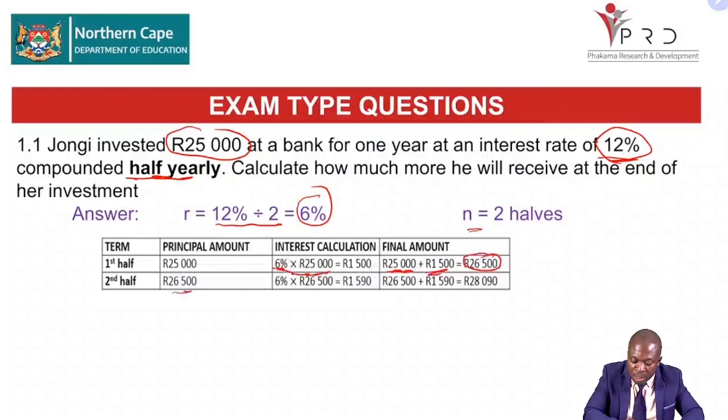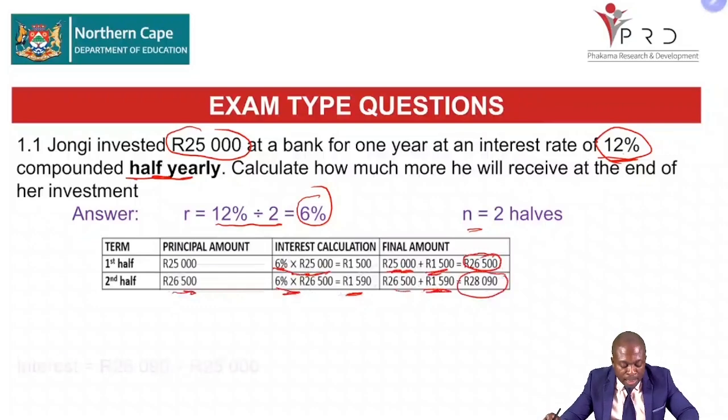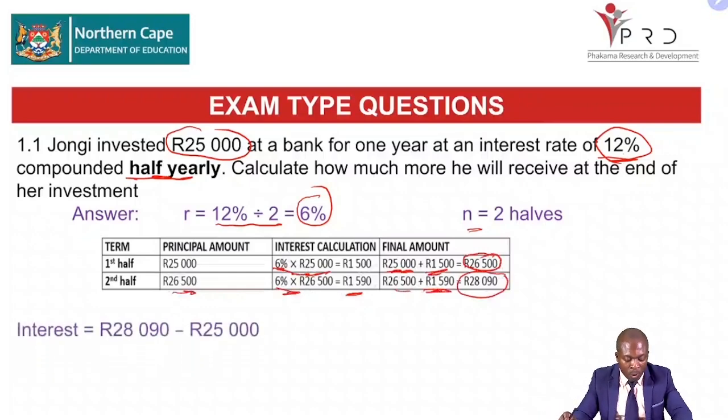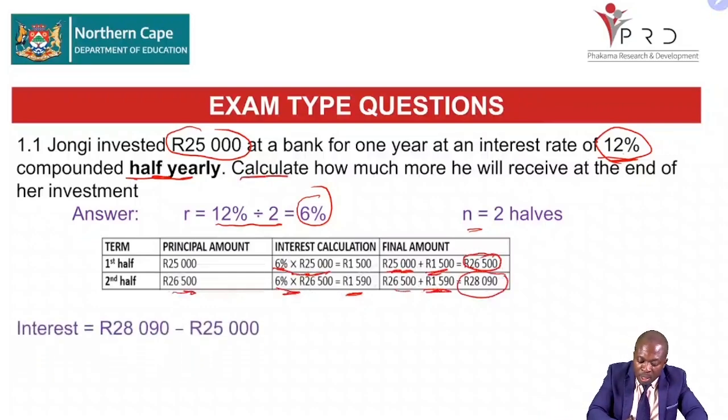Right. So now we have the 26,500. So we find 6%. That should give us 1,590. And then we add that 1,590 to this 26,500. All in all, we are going to get 28,090 rand. Okay. Look at the question. We now go back.